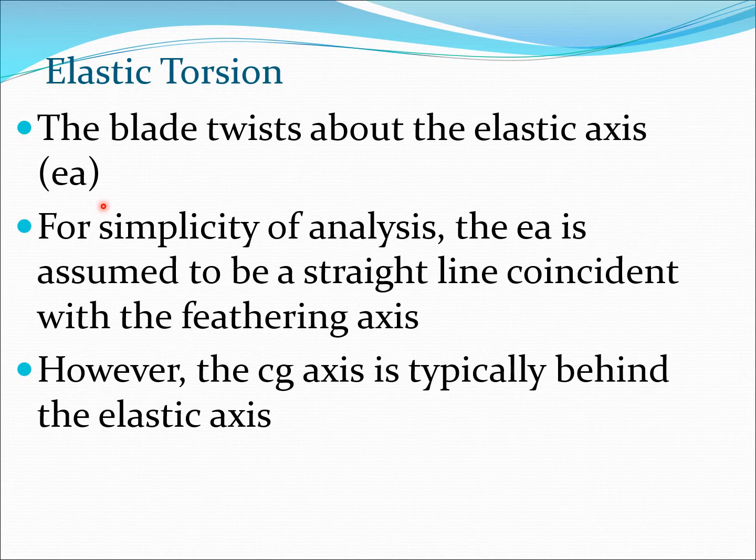Now, to simplify the analysis and mathematical modeling, we are going to assume that this particular locus of points is a straight line and it coincides with the feathering axis. Now, the CG axis is different from the elastic axis in general cases, and it is going to lie somewhere behind the elastic axis. So we are going to assume a small distance there.